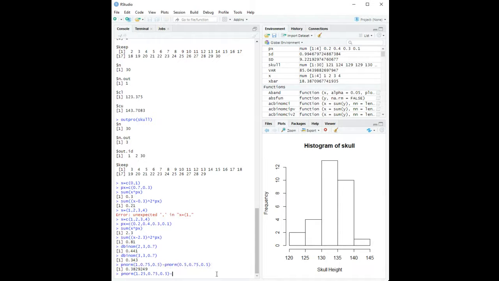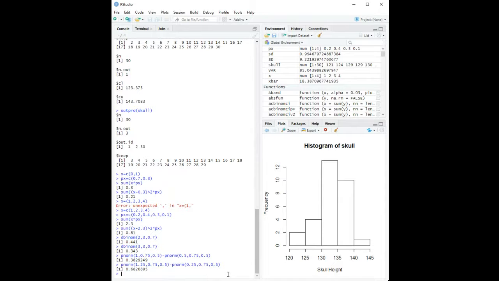Okay, minus then P norm, and now we're going to do the other one, which is 0.25, and then again the mean is 0.75, and the standard deviation is 0.5. Okay, so that should give you the probability of that one. Okay, and then that's it for that question.